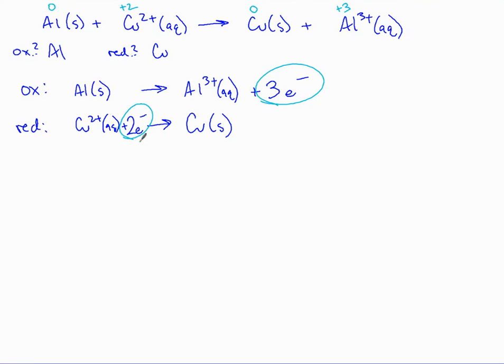So we have to do a common multiple. Here's how we do it. Everything in this reaction is times 2. Everything in this reaction is times 3. Times 2 here gives it 6 electrons. Times 3 in the reduction gives it 6 electrons.